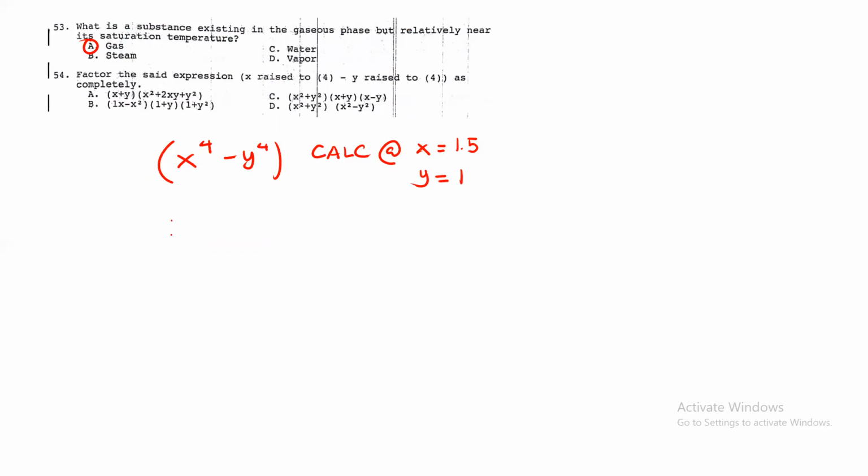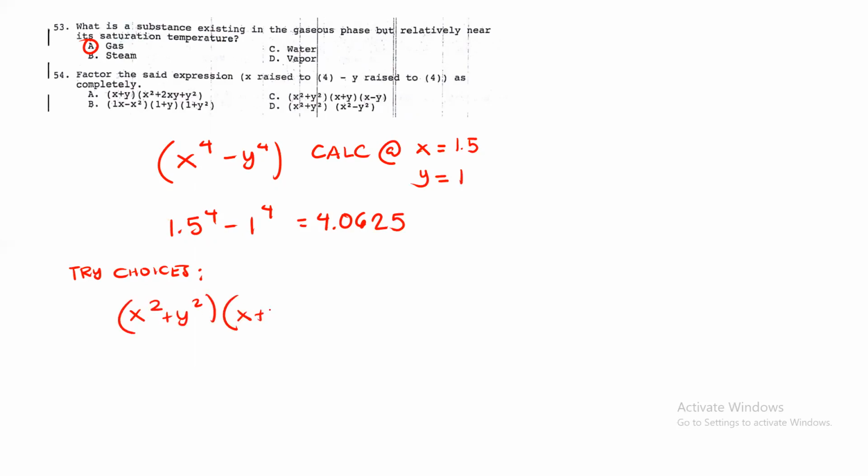Substituting, 1.5 raised to 4 minus 1 raised to 4 equals 4.0625. Then we do trial and error on the choices, and the answer should be equal. The correct answer here is letter C, so let's try it right away to be quick: x squared plus y squared, x plus y, x minus y.